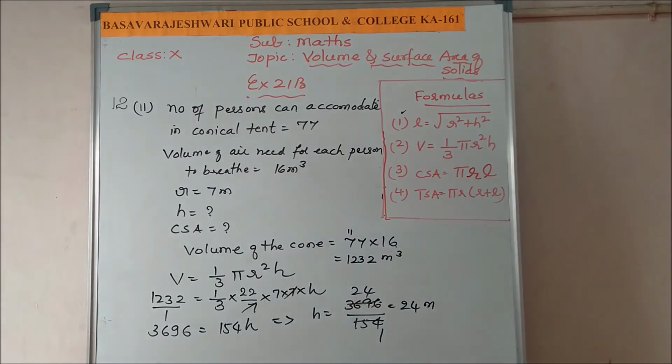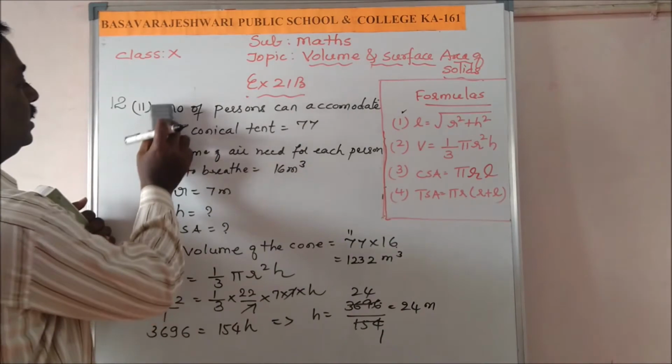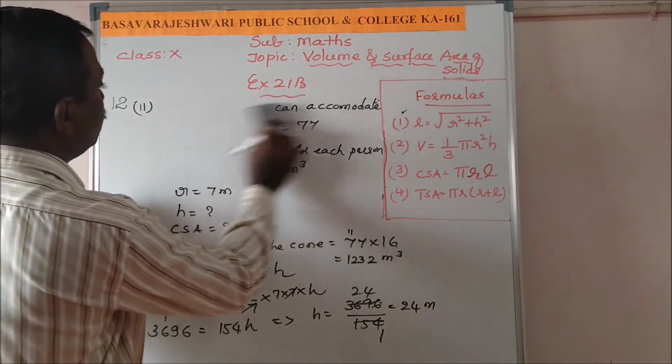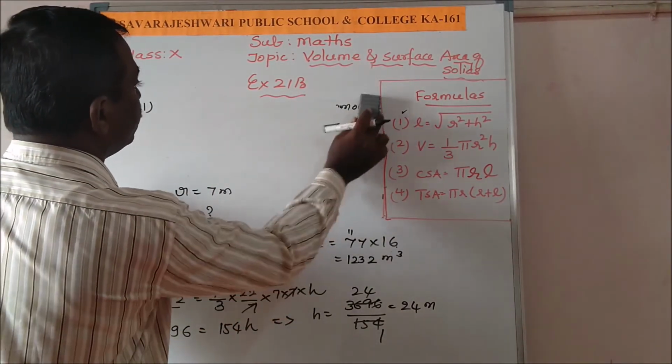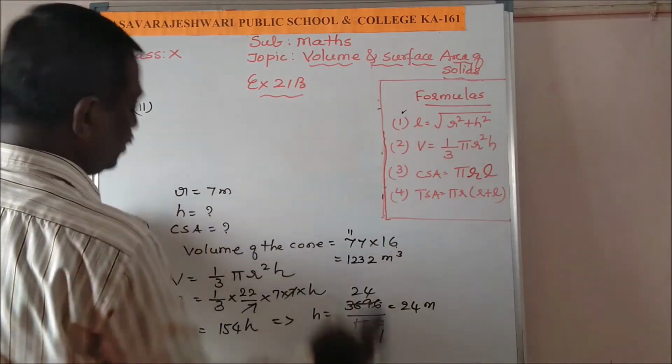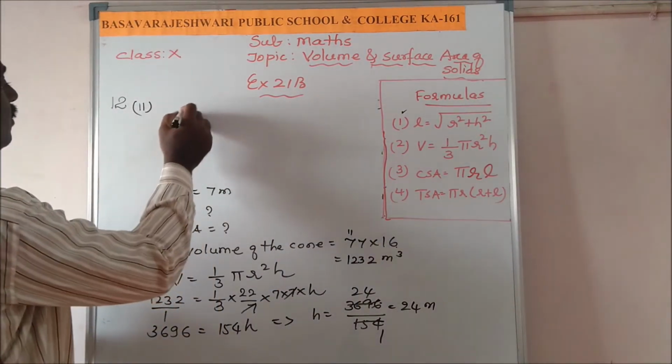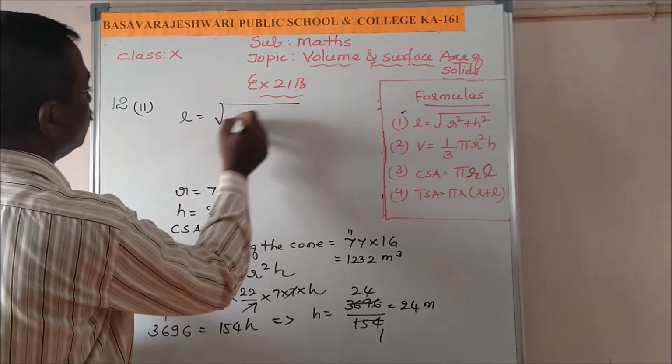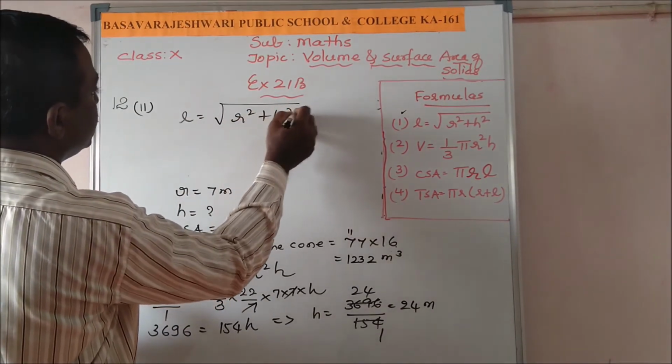Before finding the curved surface area, I want to find l. l is equal to root of r square plus h square.